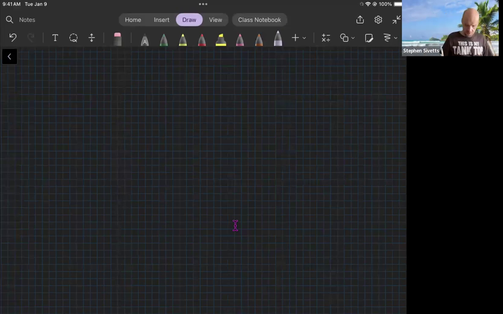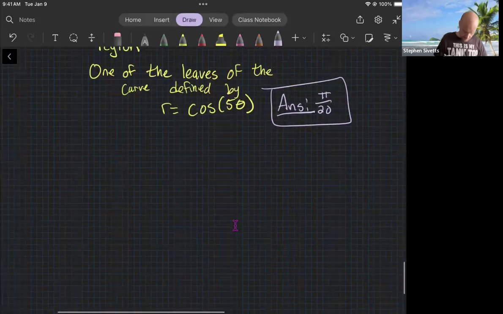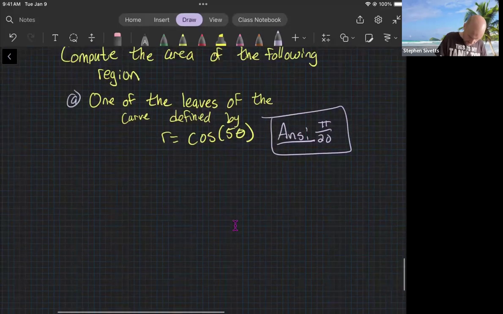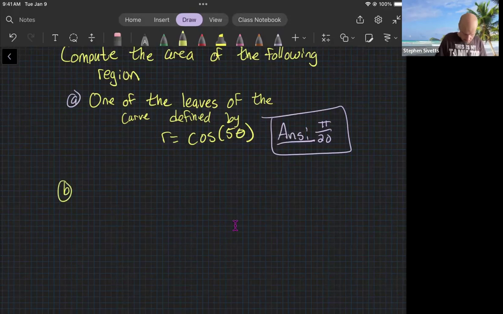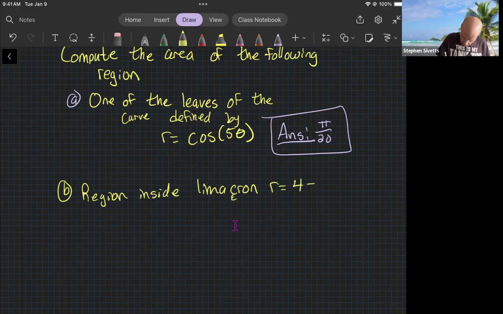And I want you to do this one too. So here's A, and then B is the region inside the limaçon r equals 4 minus 2 cosine theta.